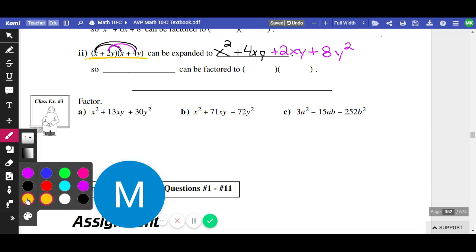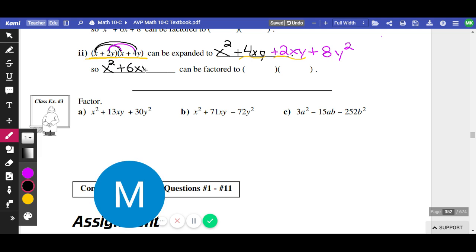We again have some like terms, right? These two guys in the middle, they're the same. They're both xy's, so those can combine. The other ones can't, right? Because this is an x squared and that's a y squared. So my final answer, if I was to multiply that together, which was the first half of this unit, was x squared plus 6xy plus 8y squared.